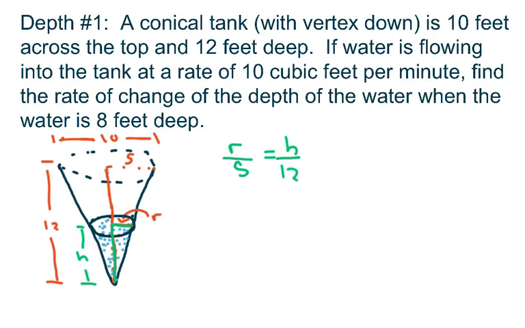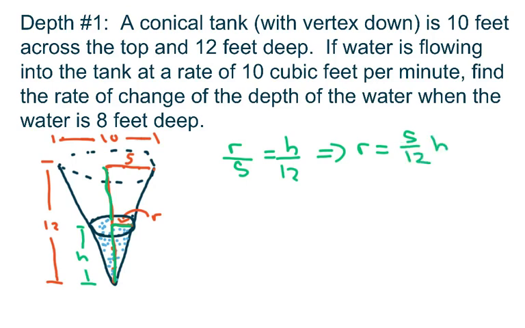R is to 5, and our height here is to 12. So to solve for R, you're going to get R equals 5 over 12 H.